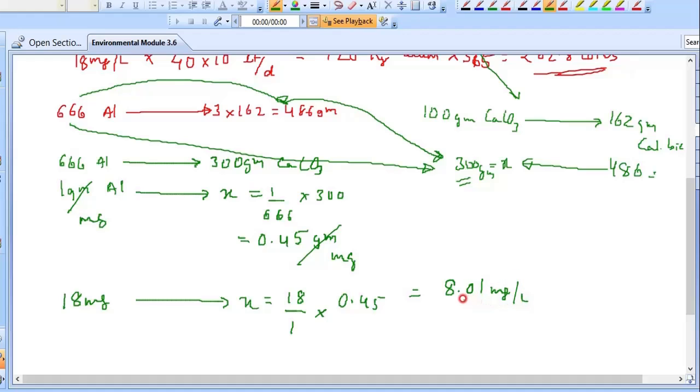This 8.1 mg per liter, but already water has alkalinity, that is CaCO3, of 5 mg per liter already had. Therefore 3.01 extra need to add.